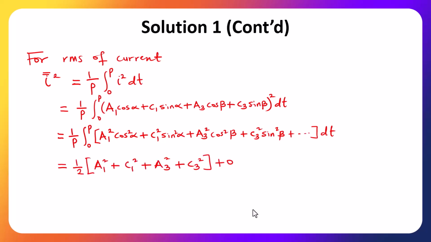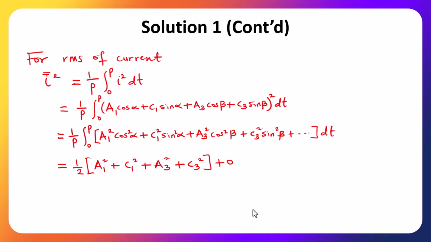So from here we have our expression as 1 over 2 times A1 squared plus C1 squared plus A3 squared plus C3 squared plus 0, because all the remaining expressions after the square give us 0.